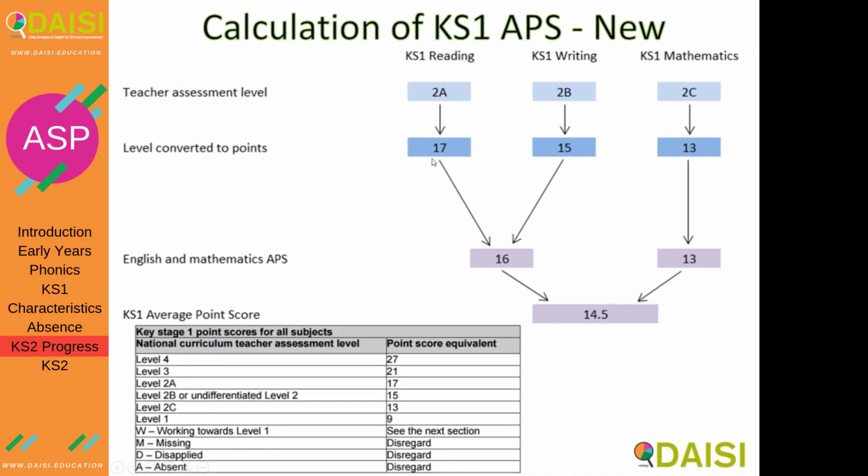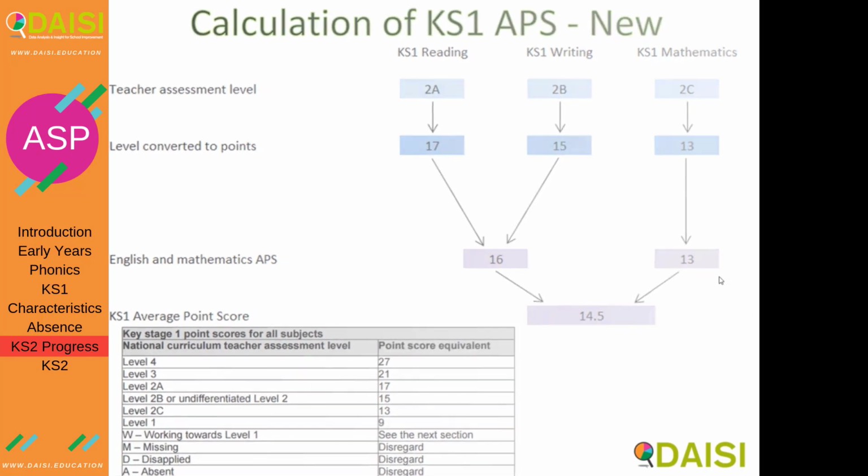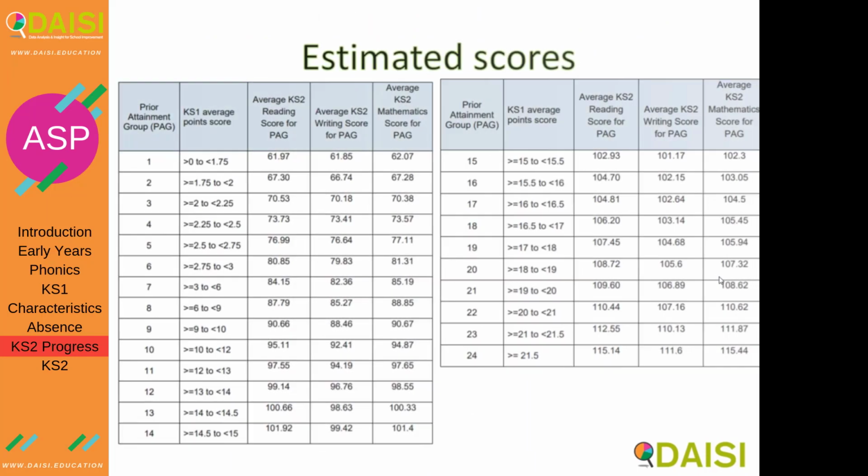It gets rounded not to 17, but to 16. And 16 and 13, the average of that is 14.5. This pupil went down by half a point at Key Stage 1. And we found when this change was introduced in 2016 that around a third of pupils lost at least half a grade. So this is how to calculate average point scores.